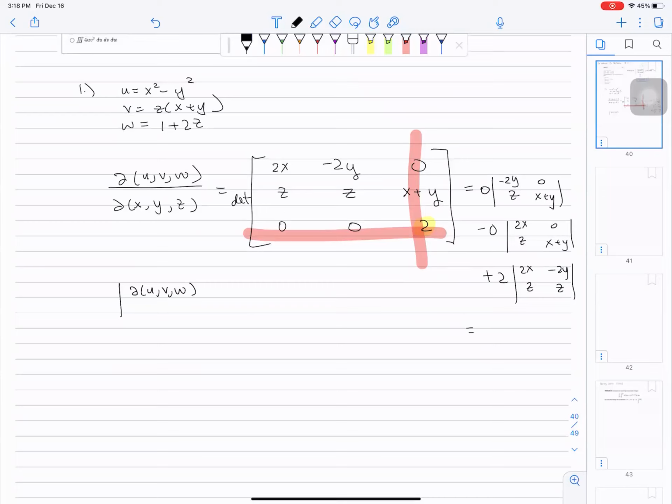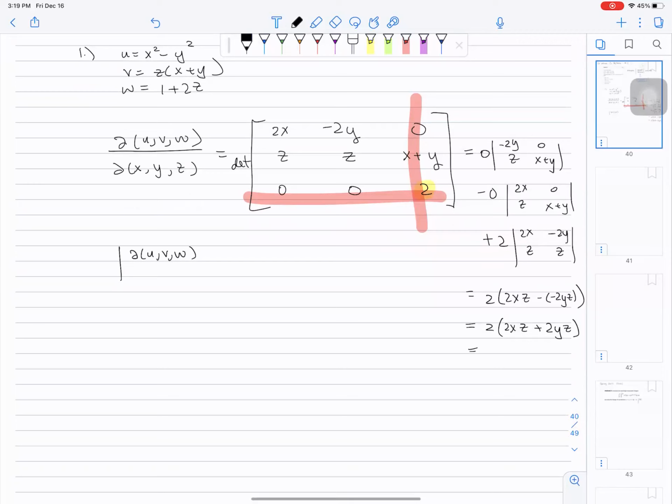This means my determinant is 2 times 2xz minus negative 2yz. In other words, 2 times 2xz plus 2yz. Let me factor out a 2z, so I have a 4z outside times x plus y. So this is me simplifying it.